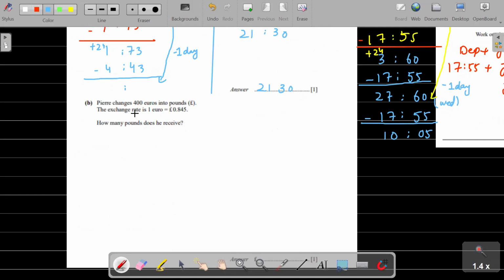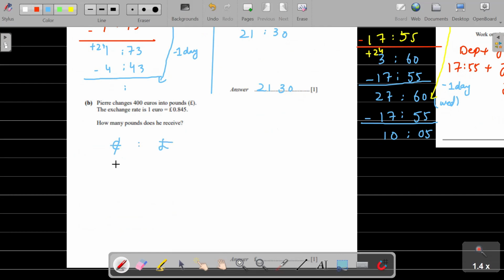All right, let's figure out this one. It says that Perry changes 400 euros into pounds. Okay, 1 euro is equal to this. How many pounds does he receive? All right, let's do the unit method. We are having euros and we are having pounds. Let's write them.